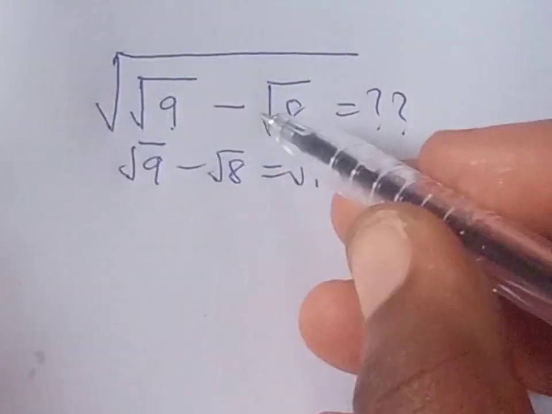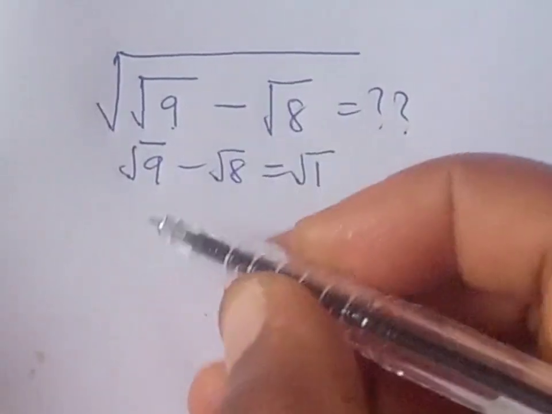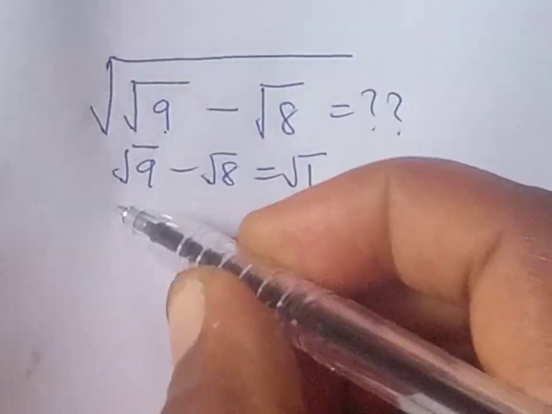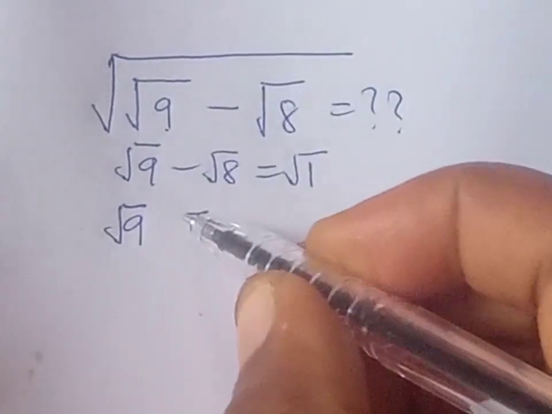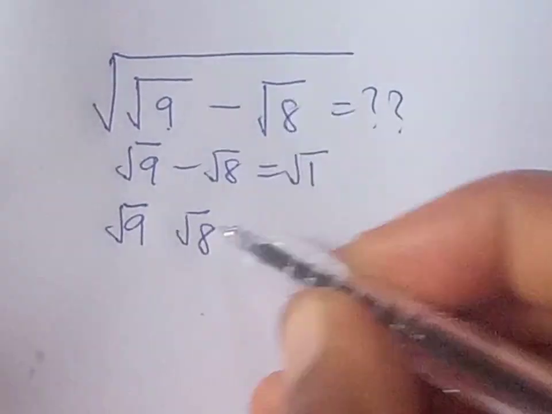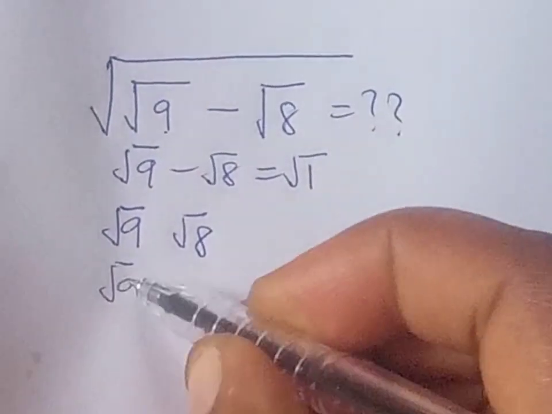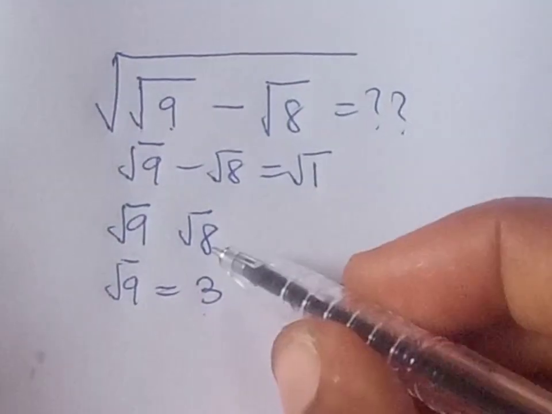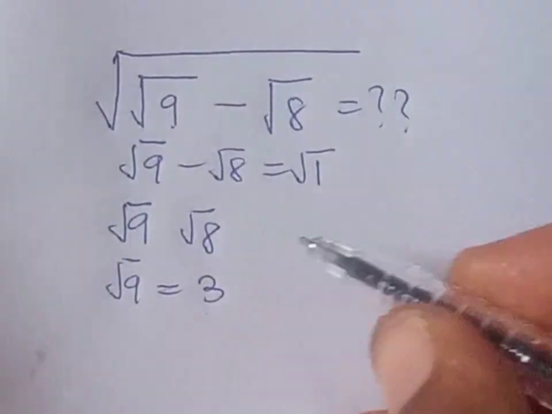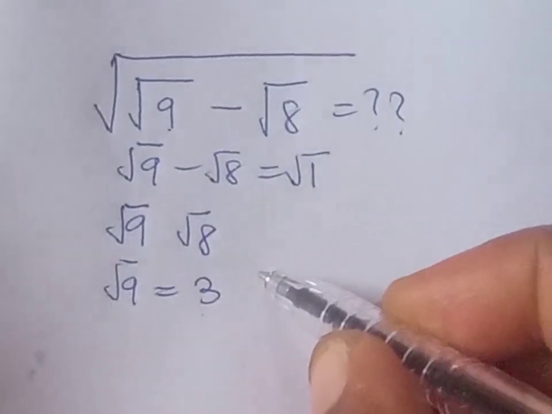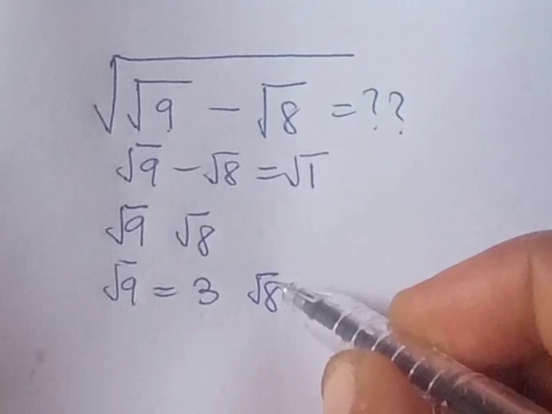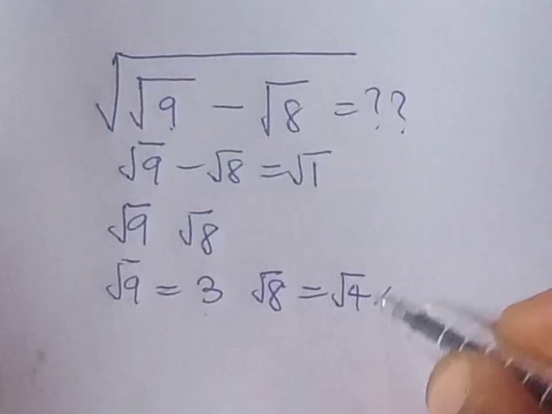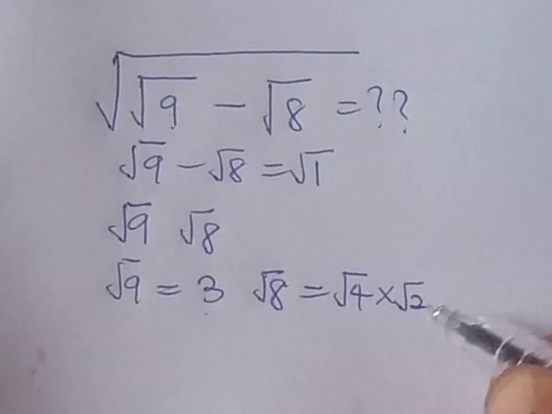Now inside this bigger square root, we have two inner square roots. We have square root of 9 and square root of 8. Square root of 9 will give us 3, but the square root of 8 is not a perfect number. However, root 8 will give us root 4 times root 2.